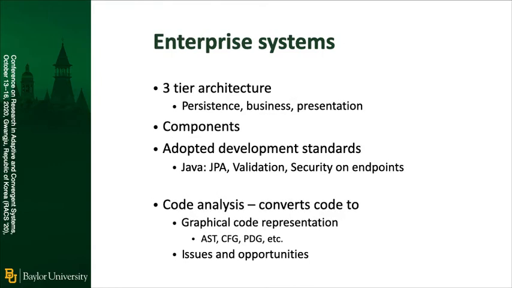Then we mention enterprise systems simply because they have some sort of rules. Most likely these are going to be three-tier architecture systems with three layers: persistence, business logic, and presentation. And this is pretty much well maintained. Of course, if we have a middleware, there is no presentation layer, it ends with the endpoints.